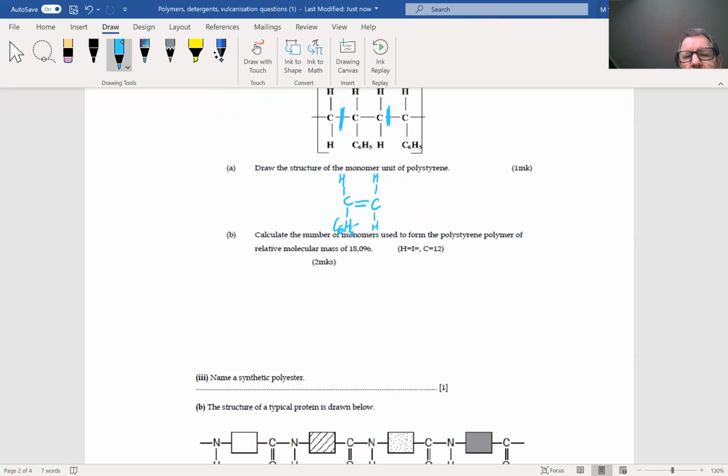They tell you that the whole thing weighs 18096. I divide that by the mass of this, so the RMM of this goes down here. Try it yourself, but the answer should come out as 174. Okay.